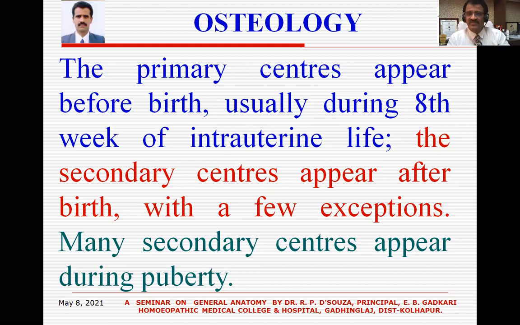Many secondary centers appear during puberty, not only after birth, at the age of 13, 14. The completion of total growth is by the age of adulthood, 18 to 25, depending upon the appearance of the third molar tooth.